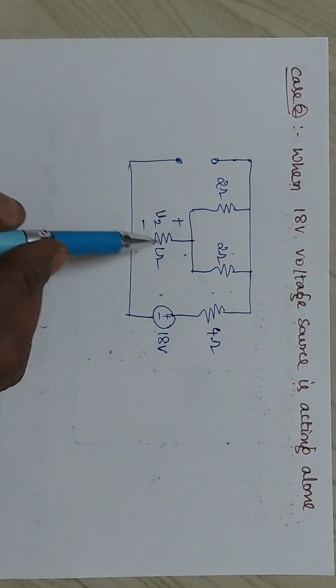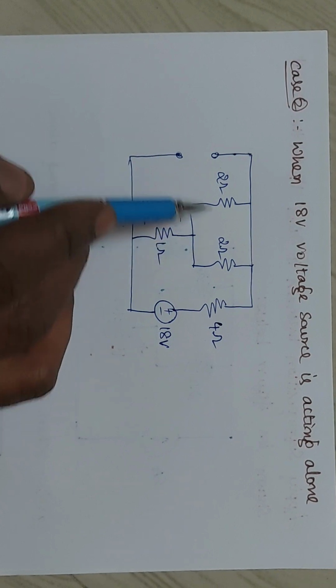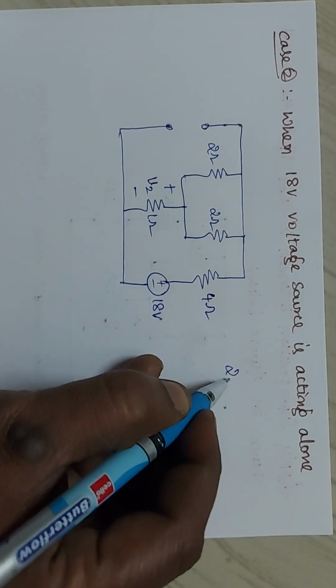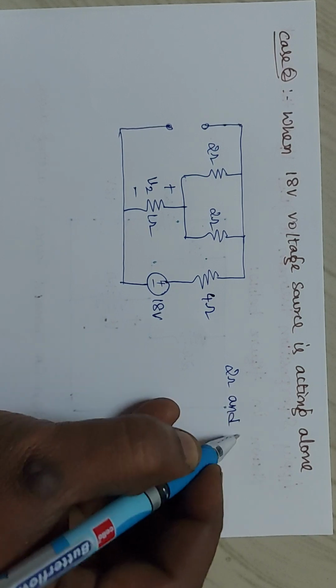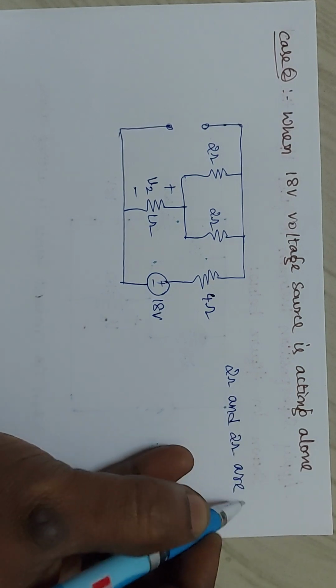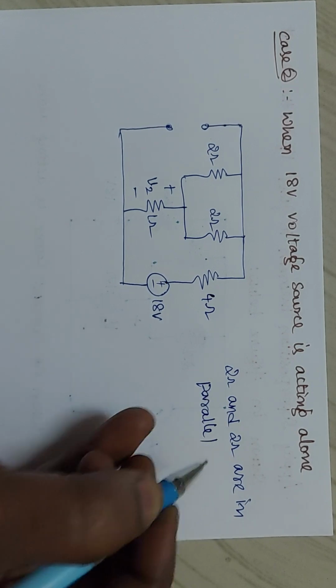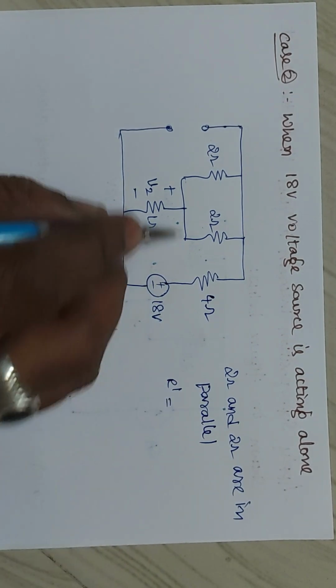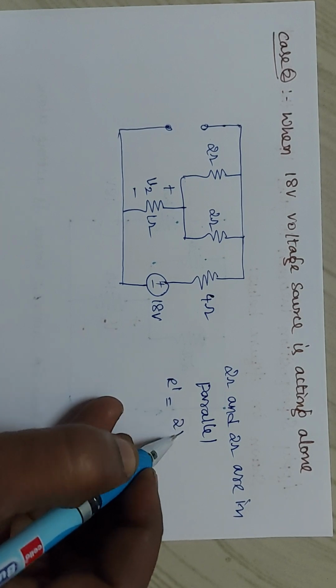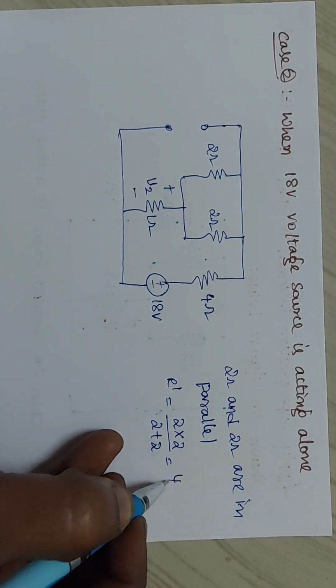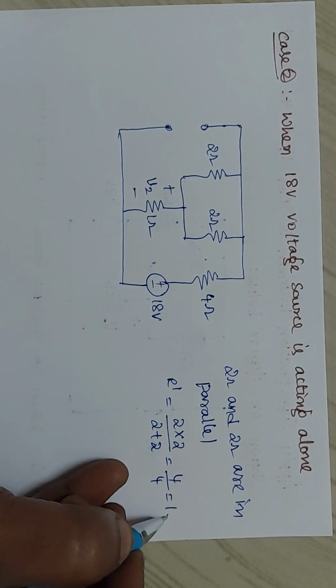So how to find it? Again this 2 and this 2 are in parallel, so I am going to reduce this. 2 ohms and 2 ohms are in parallel. So what is your R dash? What is the formula? R1 into R2 divided by R1 plus R2, so 2 into 2 divided by 4 equals 1 ohm.